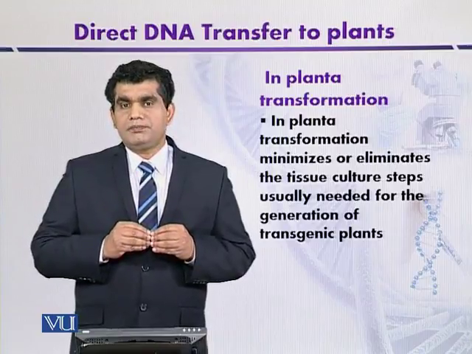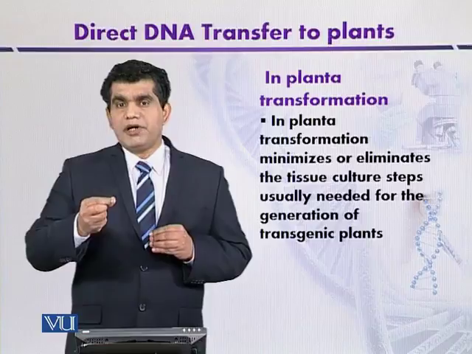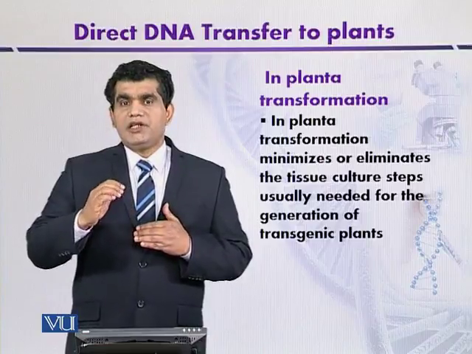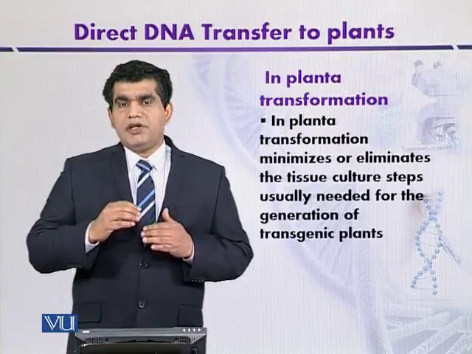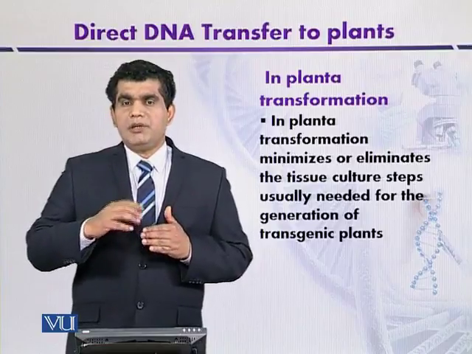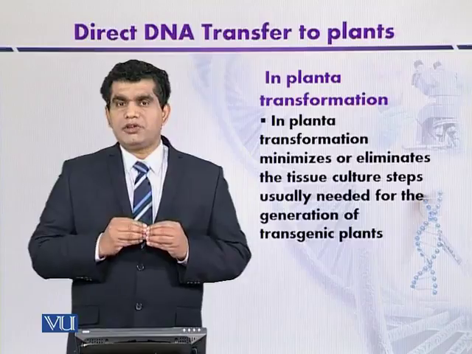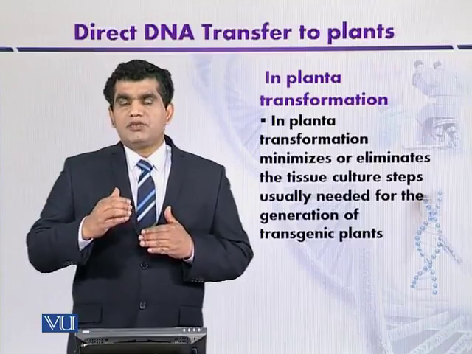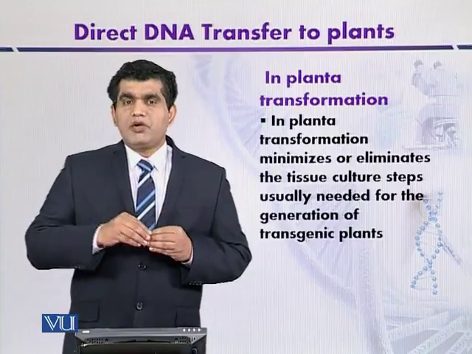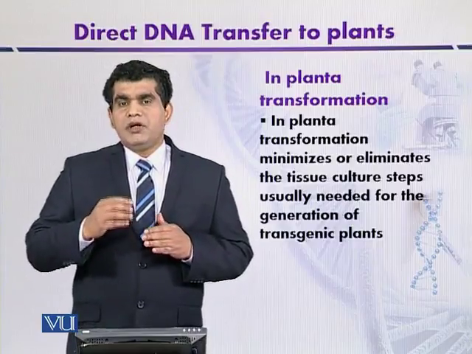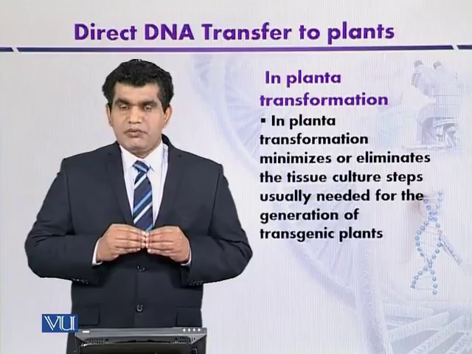For example, growing meristem parts, meristems are actively dividing parts of the plants that are mainly present at the apices, at the apex of shoot or root. They can be transformed with Agrobacterium tumefaciens, or some particle bombardment can be used for transformation.